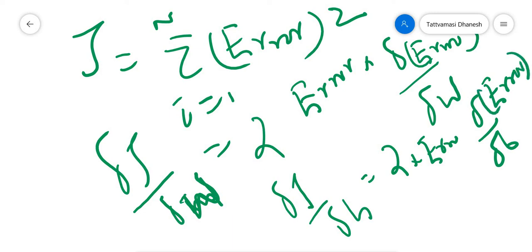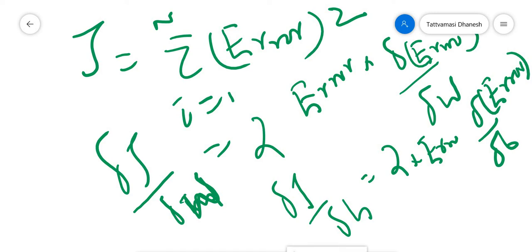So you will get these two equations, ∂J/∂W and ∂J/∂B: 2 into error into ∂/∂W of error, and 2 into error into ∂/∂B of error. So what is this ∂/∂W of error?